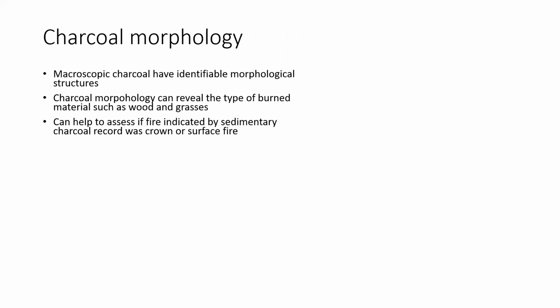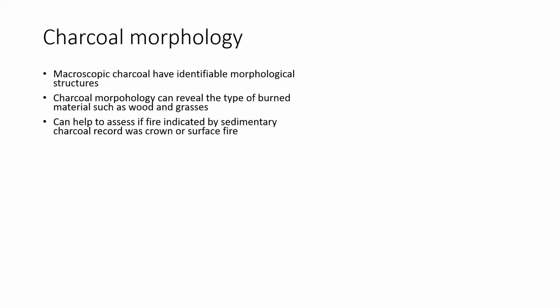From microscopic charcoal records, the morphology of the charcoal particles can also be analyzed, and you can identify if the burned material has been wood or grasses or so on.